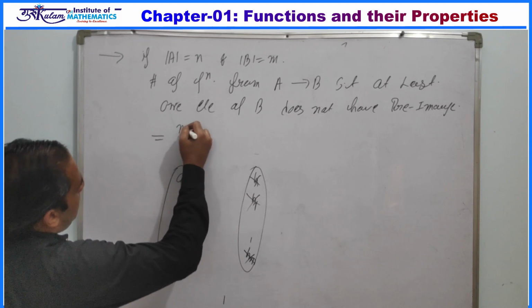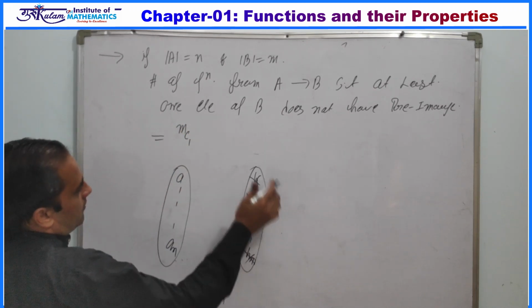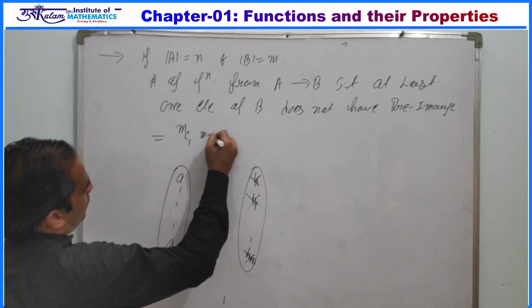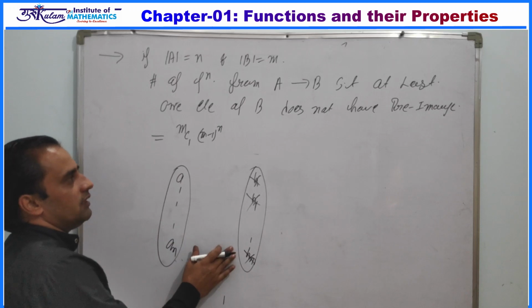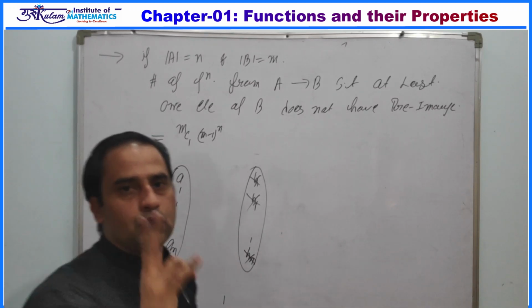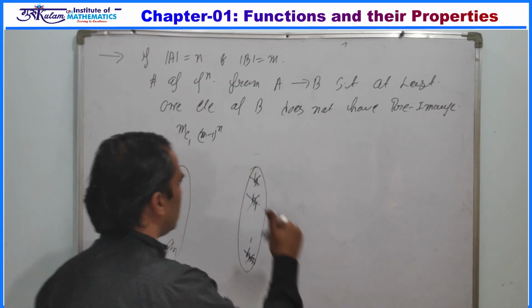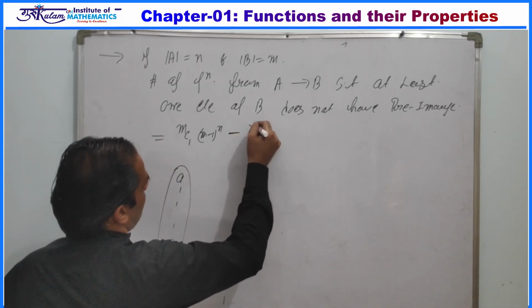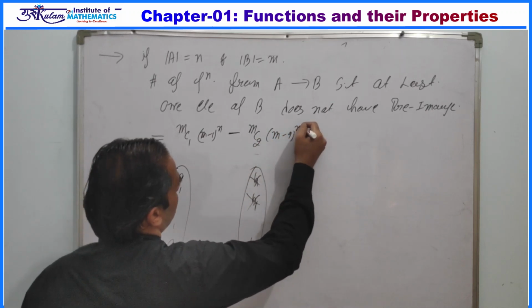So from m elements we have to choose one element. For the remaining elements, the number of functions is m minus 1 to the power n. And in this calculation, the number of functions in which two elements do not have a pre-image is counted 2 times, so we have to subtract that value: mC2 into m minus 2 to the power n.